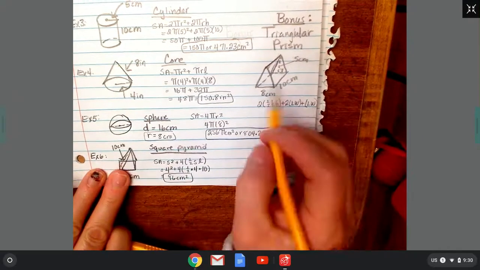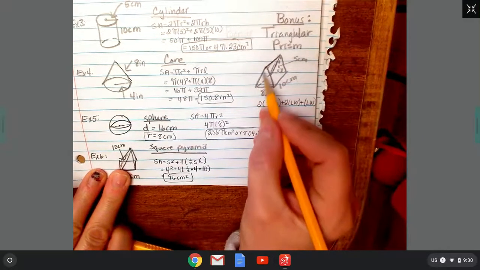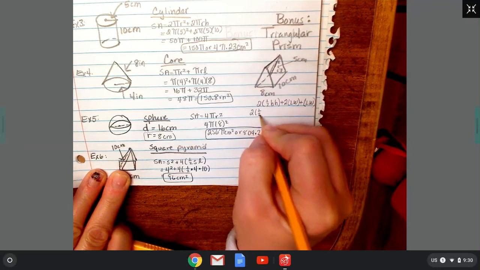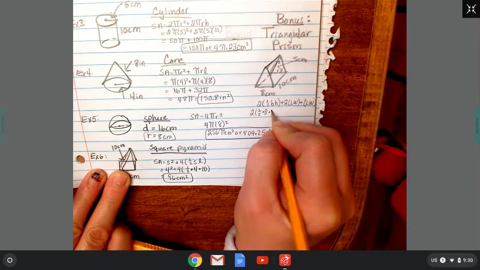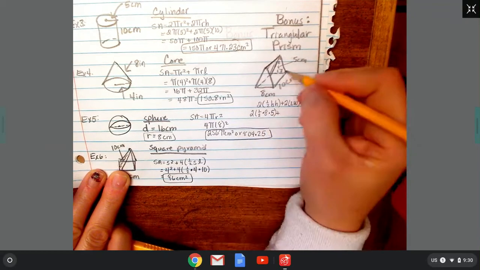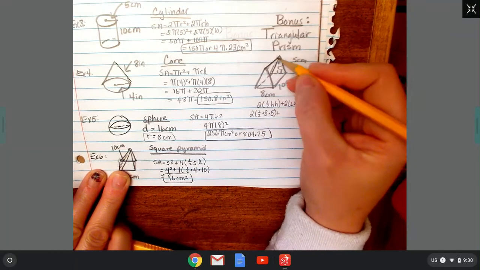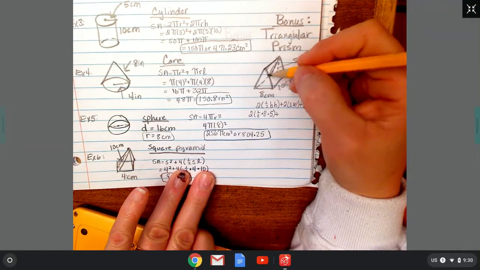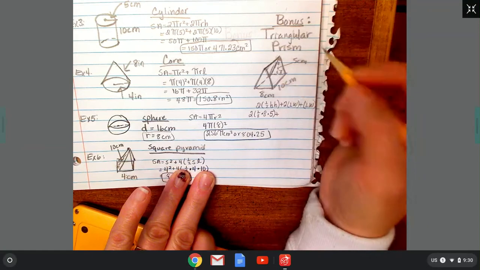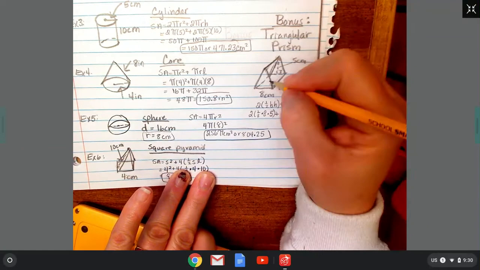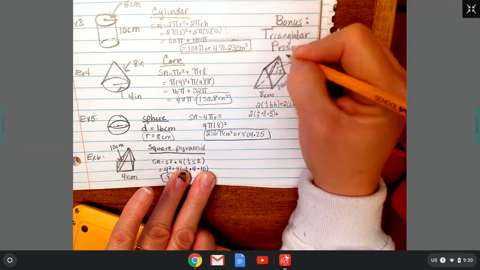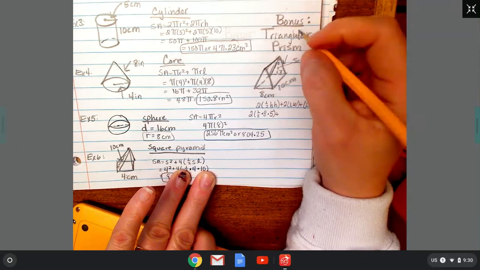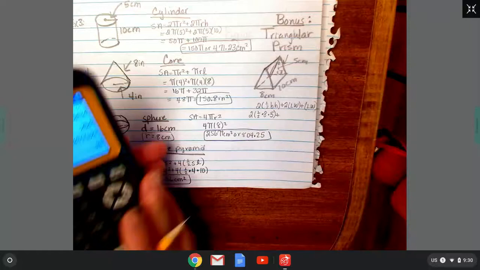Okay, so for the 2 triangle faces, that's this. It's got 8, it's got 5. So 2 times 1/2, 8 times 5. Okay, if you do this side of the triangle, it's 10 by, I don't think I gave you a measurement on it. Let me actually calculate it.